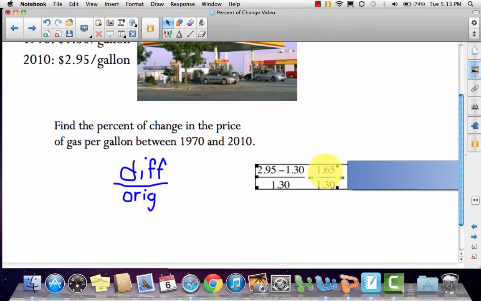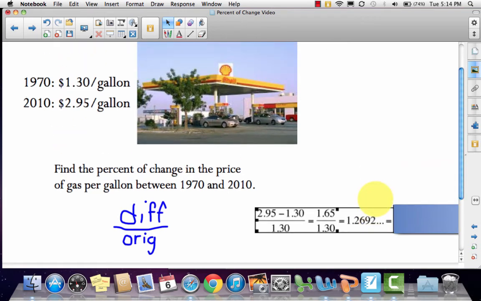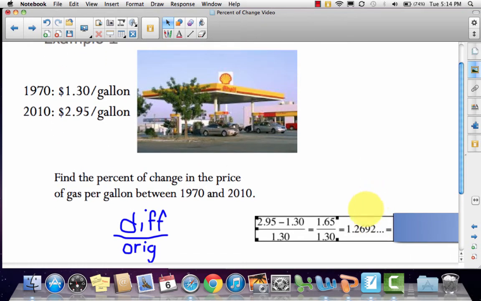My next step is to simplify this ratio or to divide it and make it into a decimal. So 1.65 divided by 1.30 gives me this wacky decimal that keeps going on and on. In my last step here, since I want the percent of change, I need to make this decimal into a percent.